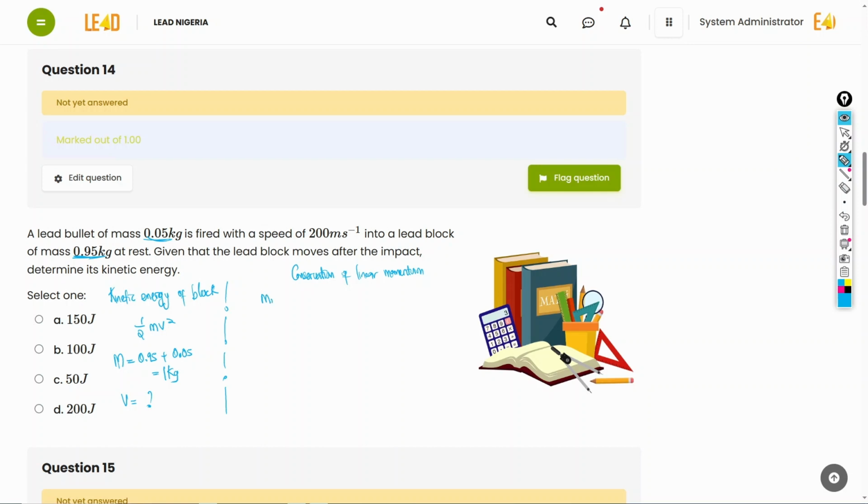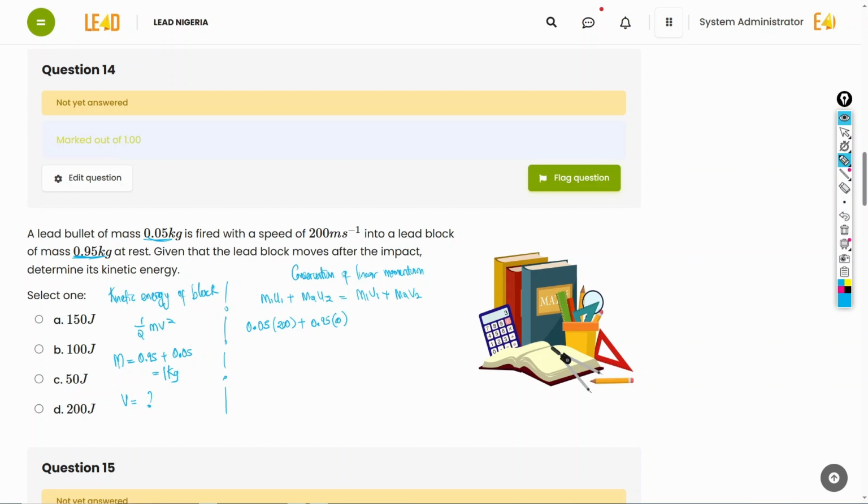That's to say m1 u1 plus m2 u2 is equal to m1 v1 plus m2 v2. All right, so what's m1? m1 is 0.05, and then the initial velocity of the bullet is 200, plus m2 is 0.95, and the initial velocity of that is 0.